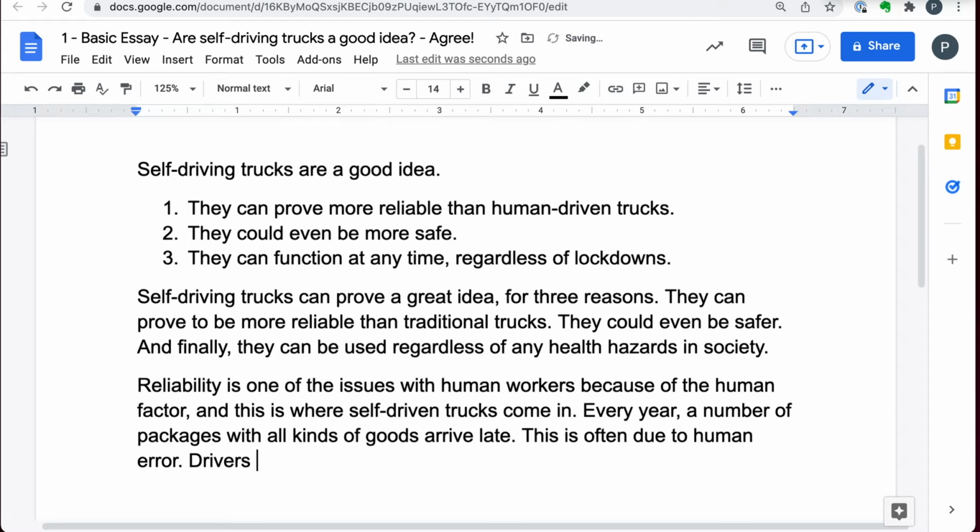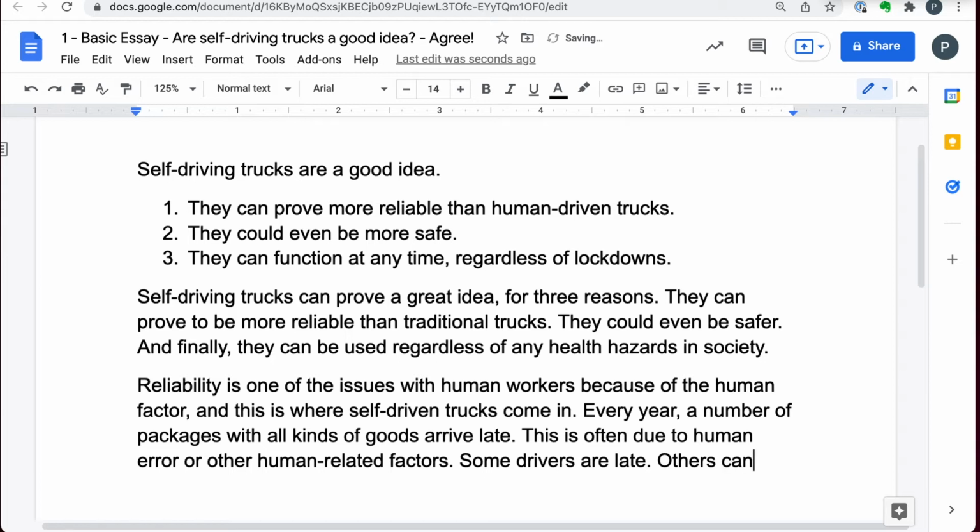Due to human error or other human-related factors. Some drivers are late.